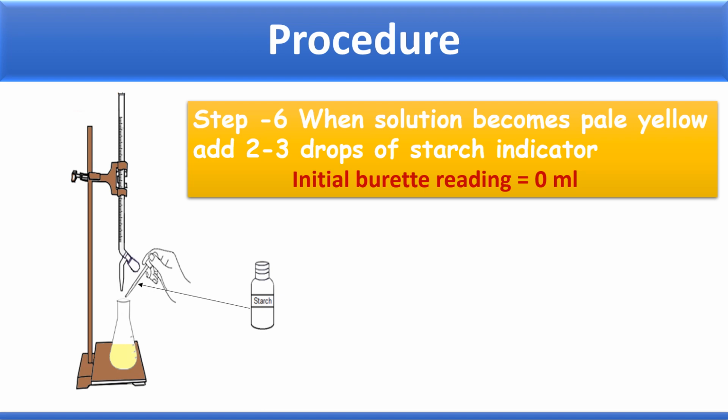Now, due to the consumption of iodine with hypo solution, the color intensity of the brown color decreases. At this point, when solution becomes pale yellow, add the 2-3 drops of starch indicator with the help of a dropper into the conical flask.